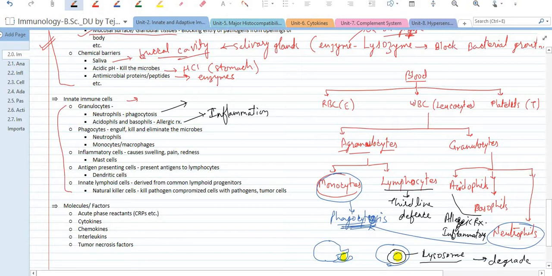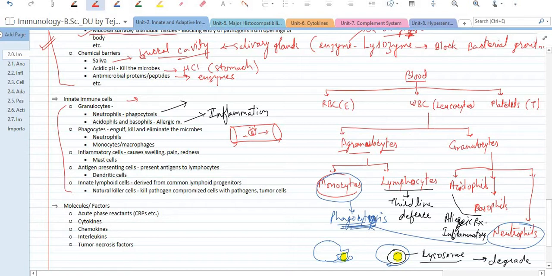Phagocytes are the neutrophils and monocytes. Generally, monocytes are cells which are free flowing in the blood vessel. Suppose this is a blood vessel and this is the monocyte. It is generally free flowing in the blood vessel, or attaching to the surface and moving in the blood.